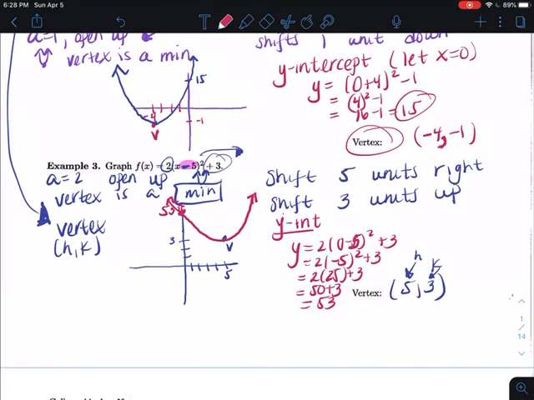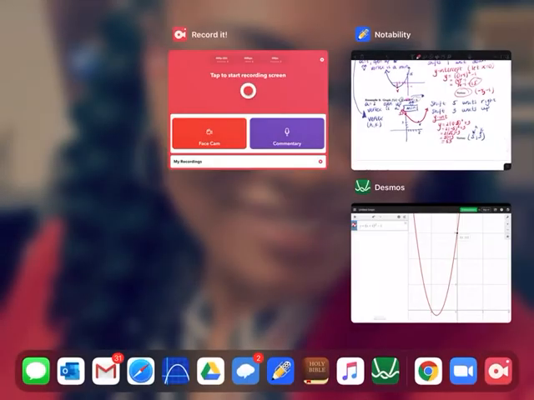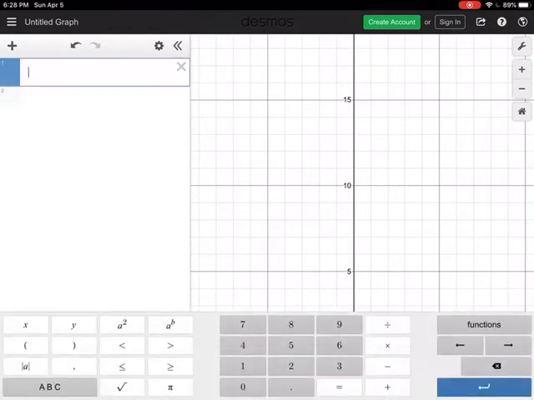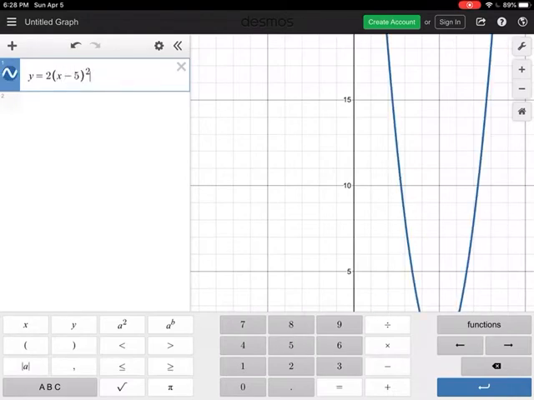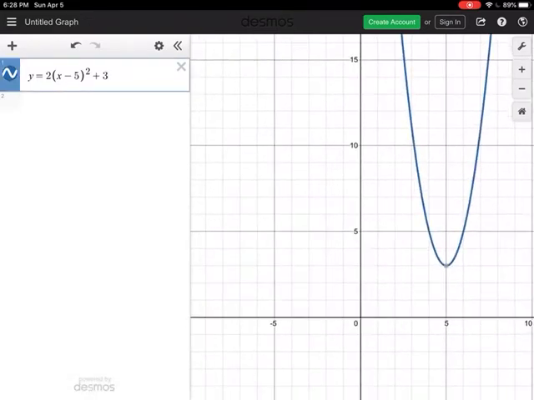All right, so let's put this into Desmos. This is y equals 2 times (x minus 5) squared, and then there's a plus 3 behind it. So the vertex is at (5, 3). Remember we got that (5, 3).